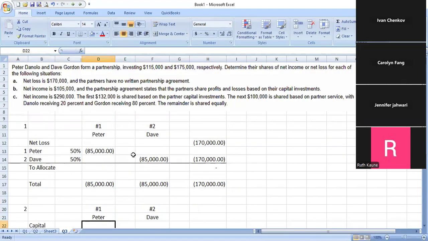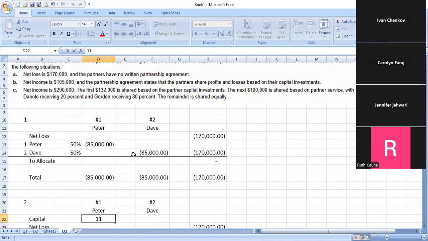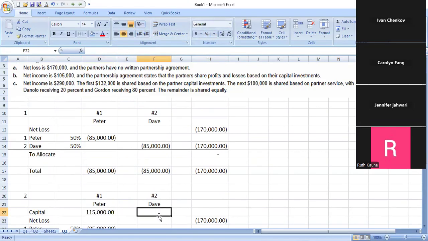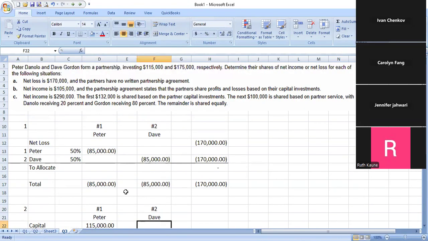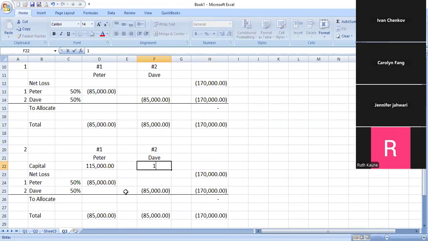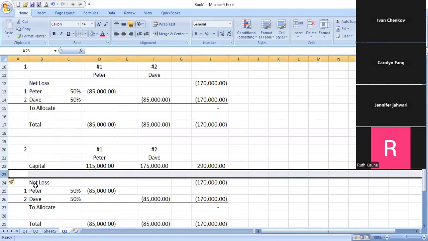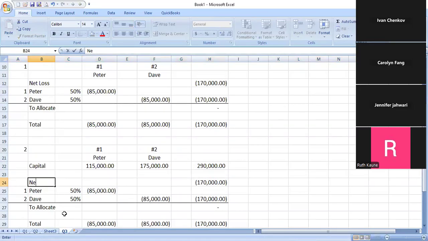Peter invested 115,123. The other person, Dave, invested 175,123. That's also a dollar amount. The total investment is 290. Now they have to allocate net income.